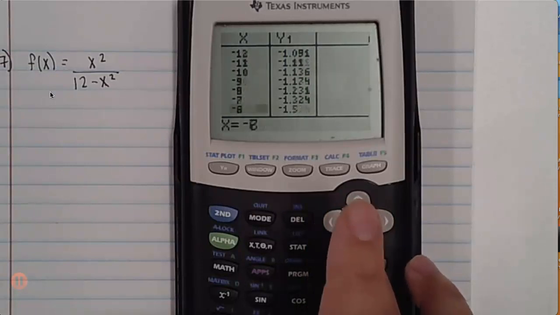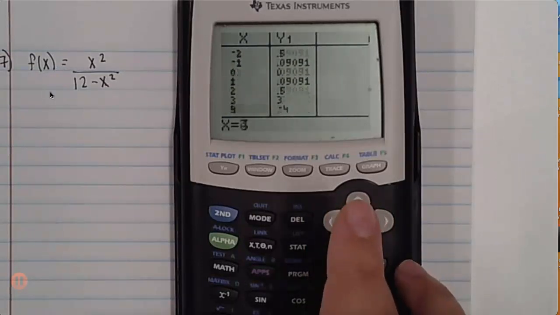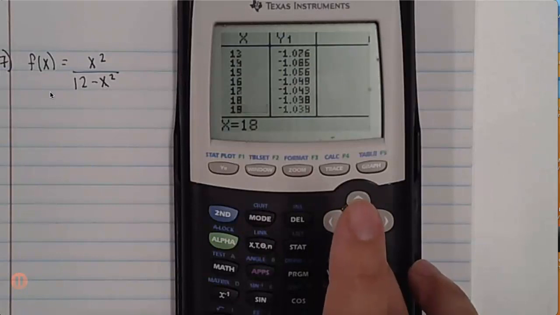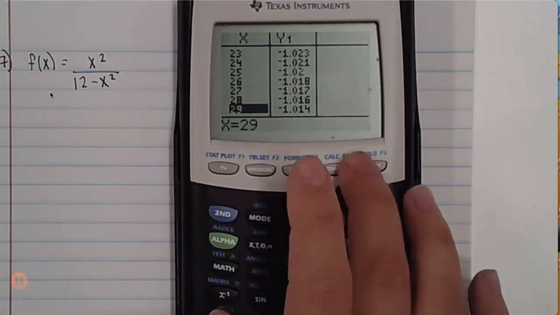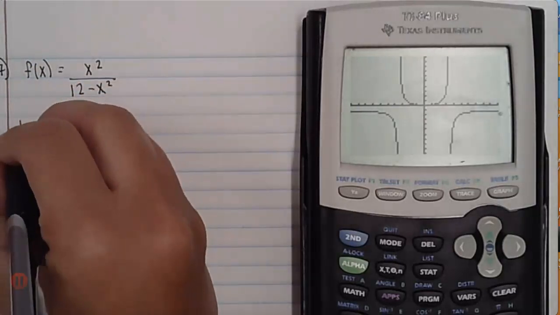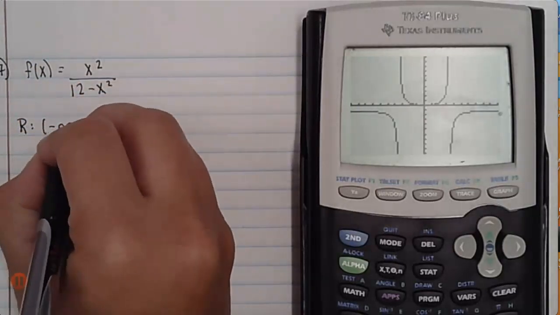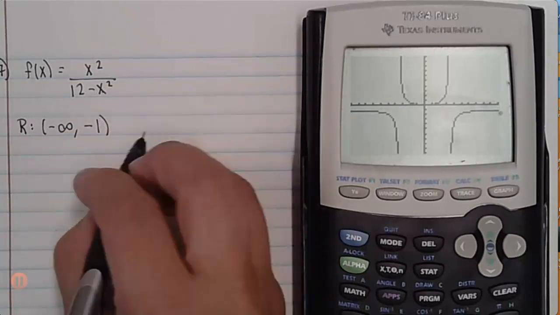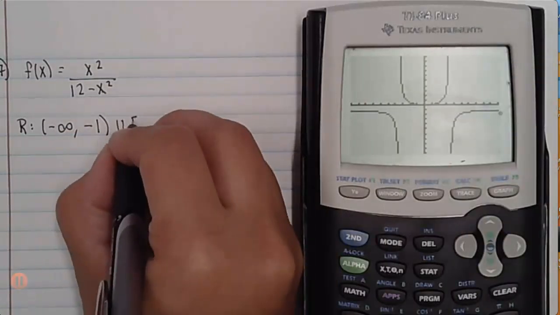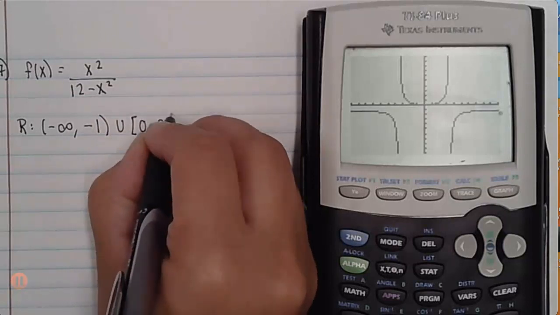Sorry, I think I said positive 1. I meant to say negative 1. On the side it gets very close to negative 1, but doesn't quite get there. So it looks like it goes all the way up to negative 1. So the range would be from negative infinity to negative 1, not including negative 1. Then there's a gap all the way up to 0. It does include 0, though, to infinity.